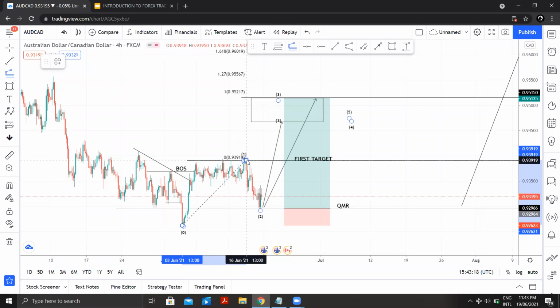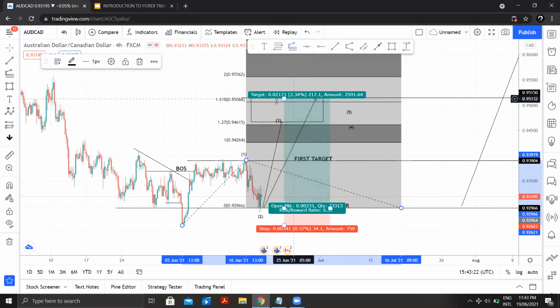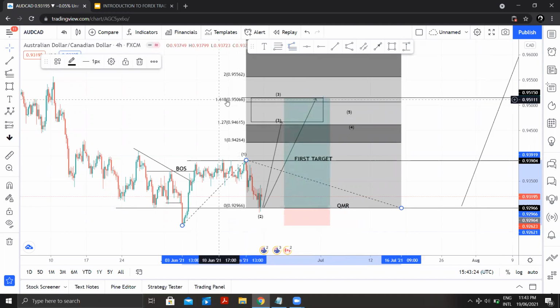So if you draft it, can you see 0.618? This is 0.618, that is it. So I'm marking the Fibonacci level, which is 1.27 or 1.618. Either of the two prices coming to these two levels.